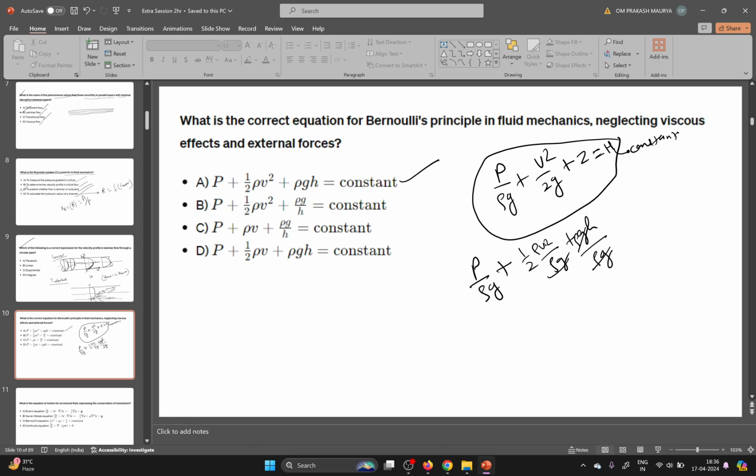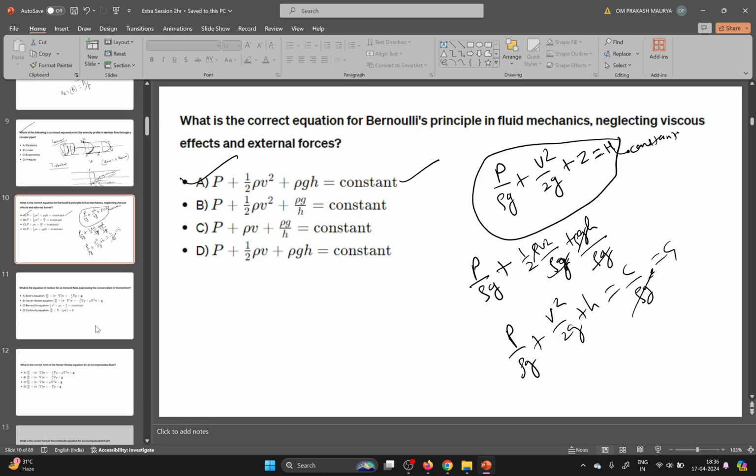Here rho cancels, g cancels. So P by rho g plus V square by 2g plus h is equal to constant divided by rho g. Rho g is also constant, so again another constant C1. So option A is correct.